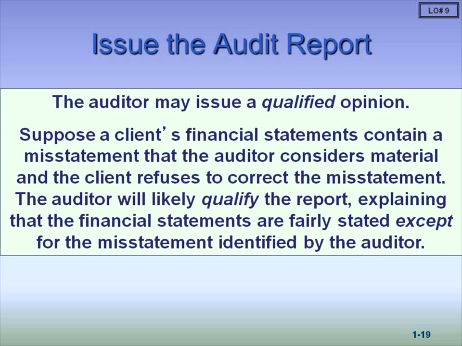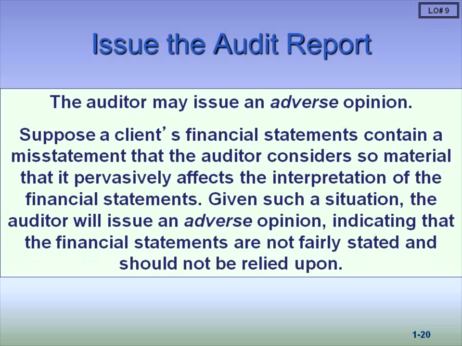During the process of evaluating the results with management, they decide that whatever changes we ask them to make, they cannot make them, or they refuse to make them. So we will qualify the report with an explanatory paragraph that says the financial statements are fairly stated, except for this misstatement or this error or what have you.